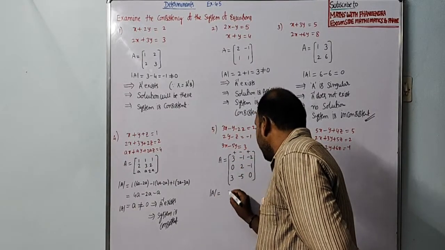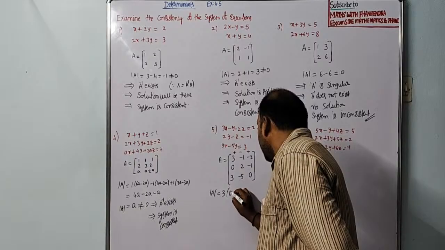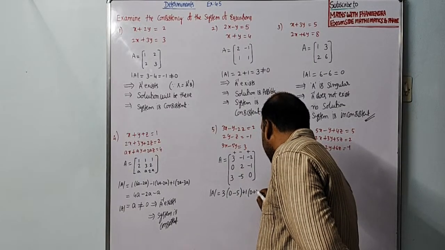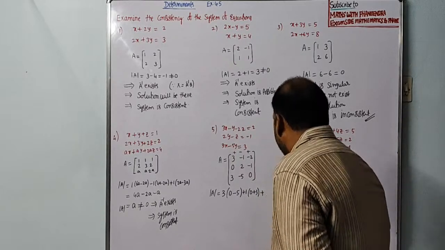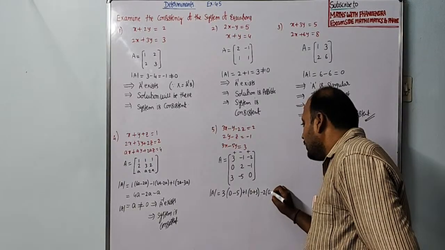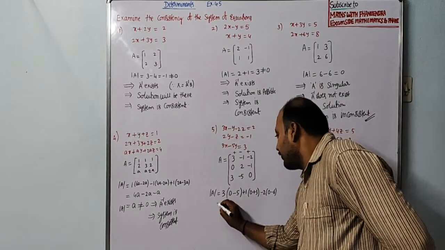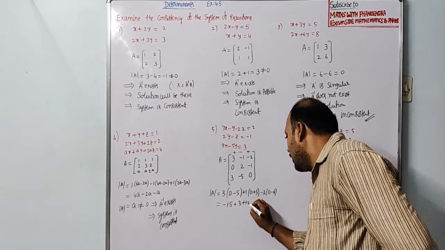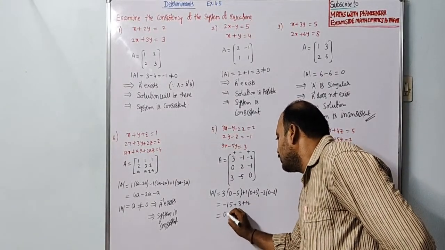Det A is equal to 3 into 0 minus 5 plus 1 into 0 plus 3 minus 2 into 0 minus 6 minus 15 plus 3 plus 12, so 0.